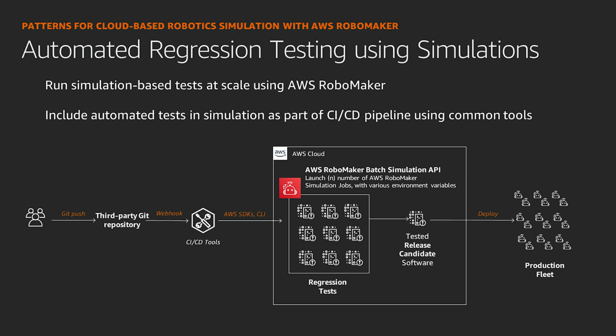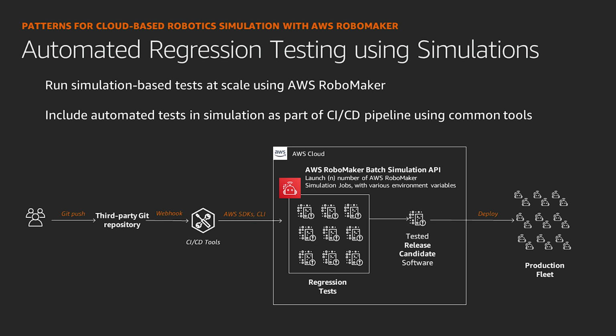All right, so the first pattern we'll dig into is automated regression testing using simulations. An important part of the software release cycle is ensuring code changes don't have unexpected consequences on robot behaviors. So RoboMaker enables you to flexibly run these regression tests in simulation using custom parameters through the API.